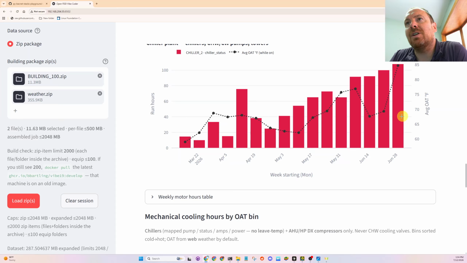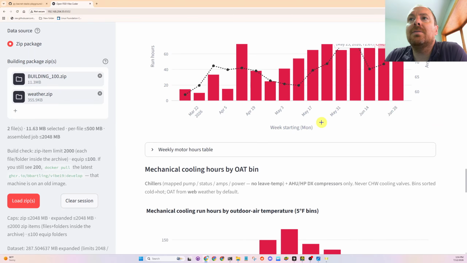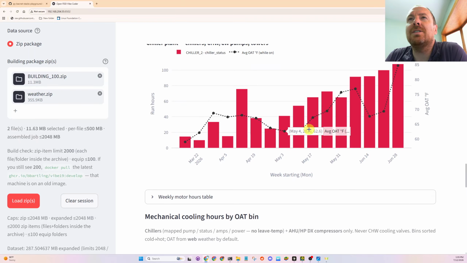But as soon as you start hitting June, we get slammed with really high humidity and really hot weather rising up from the Gulf of Mexico. It seems really odd to me that there's a chiller operating in this time period. Maybe this is something that could be reduced.